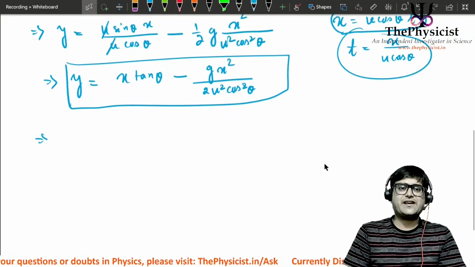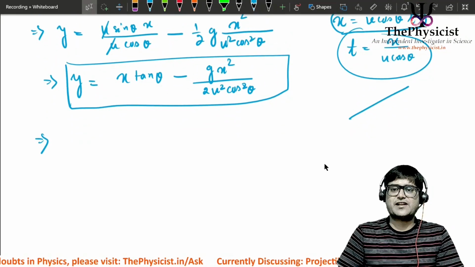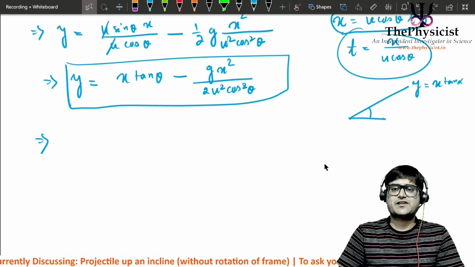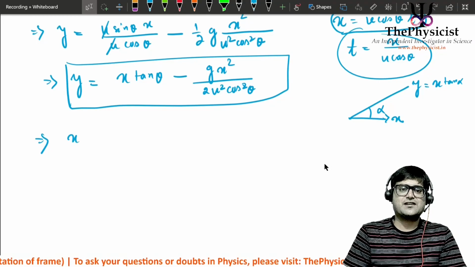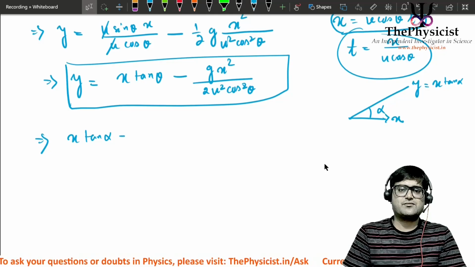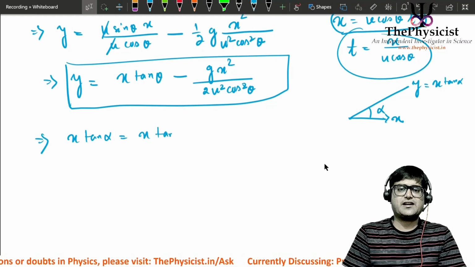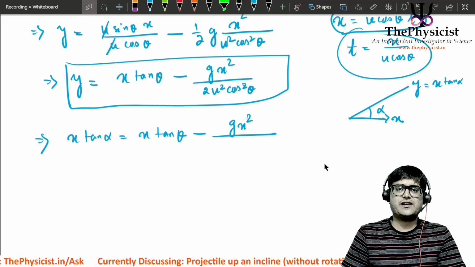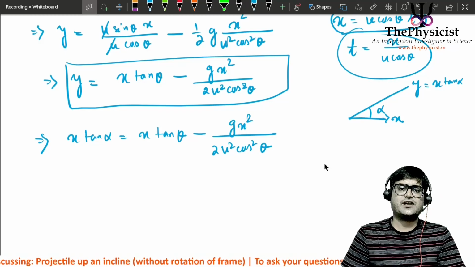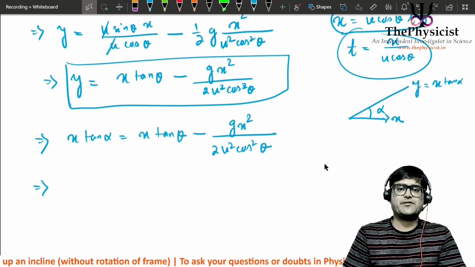However, I can simply replace the y's value because for an incline, the y will always be x tan alpha, especially when the straight line makes an angle alpha with the x-axis, right? So here I will put x tan alpha equals x tan theta minus g x squared divided by 2u squared cos squared theta, right?